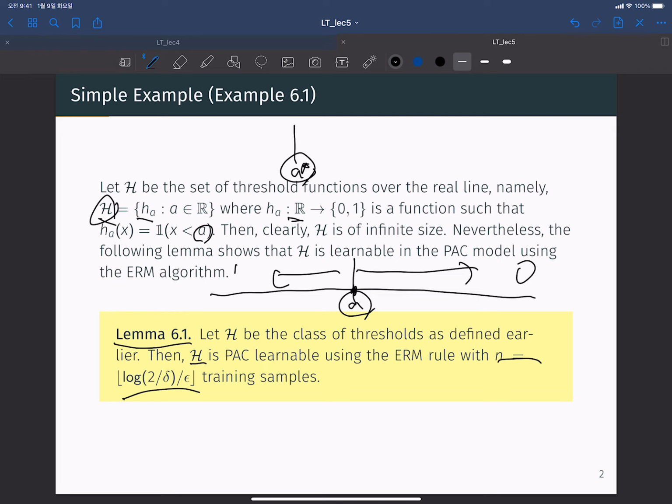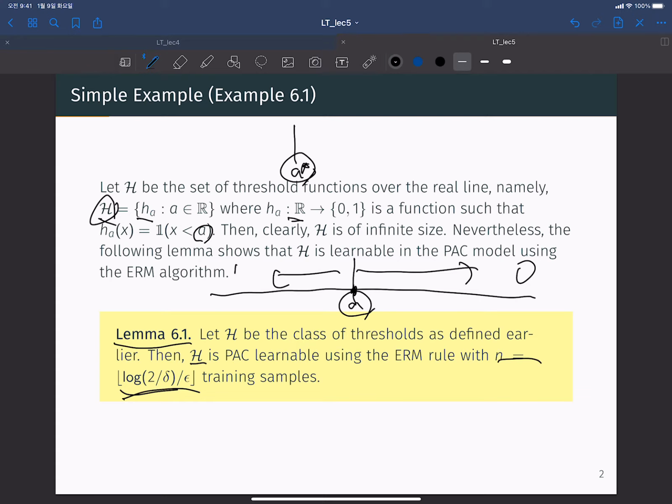Recall what the no free lunch theorem said: one condition was that when we don't know any information on the true hypothesis, then we cannot learn with infinitely many hypotheses.